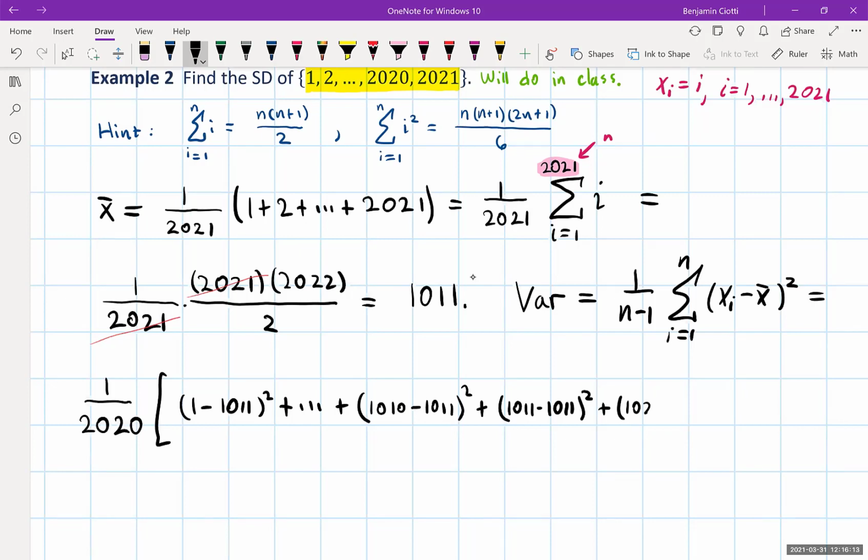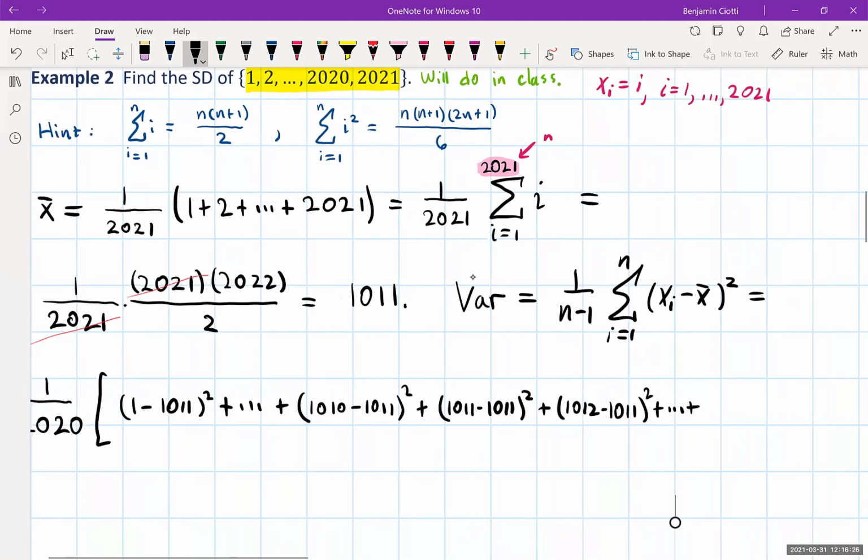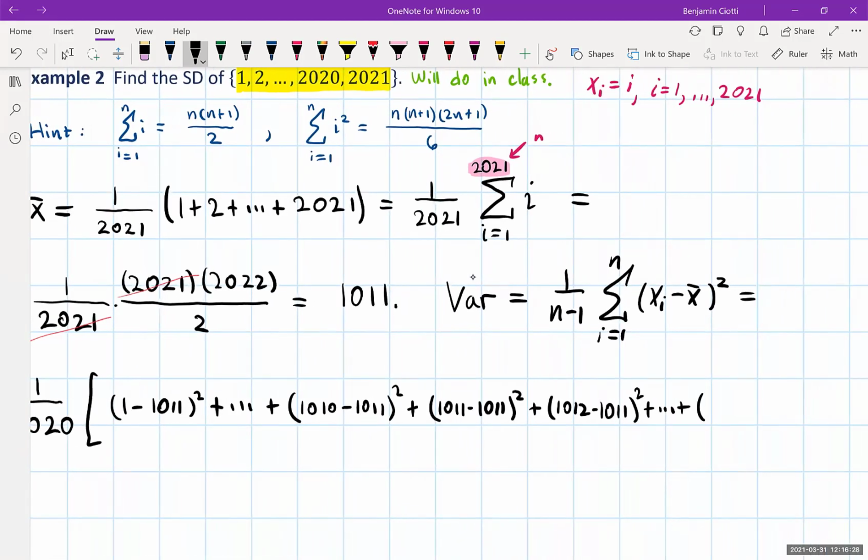The next term will be 1012 minus 1011 squared. And the last term will be 2021 minus 1011 squared.